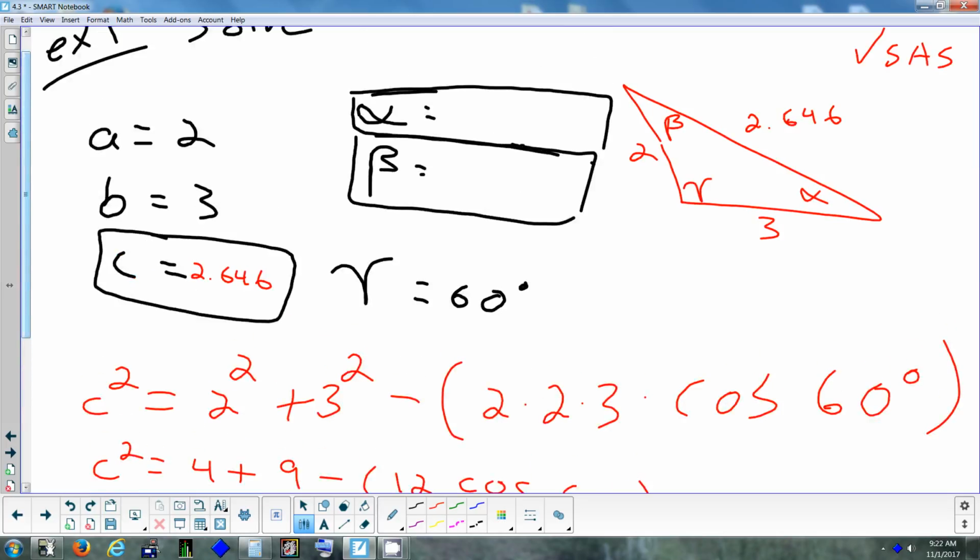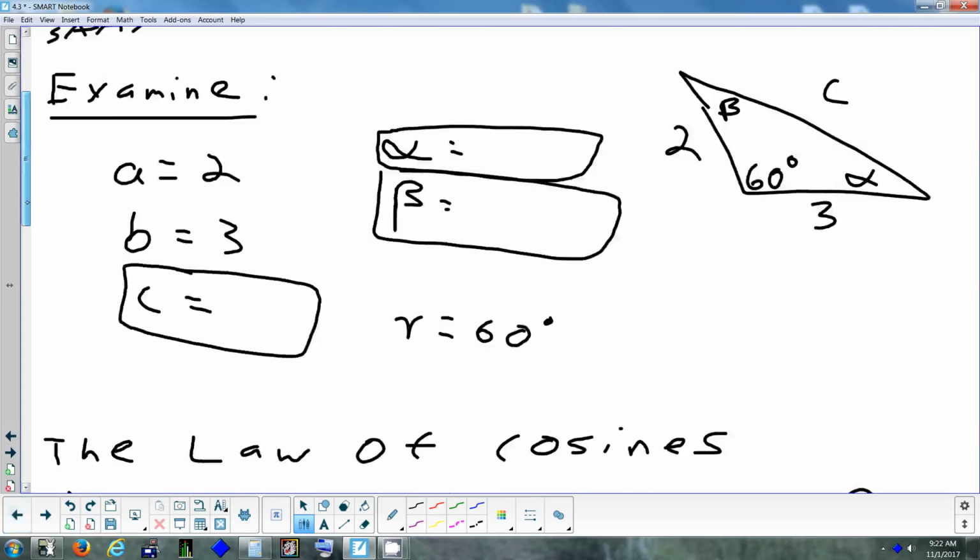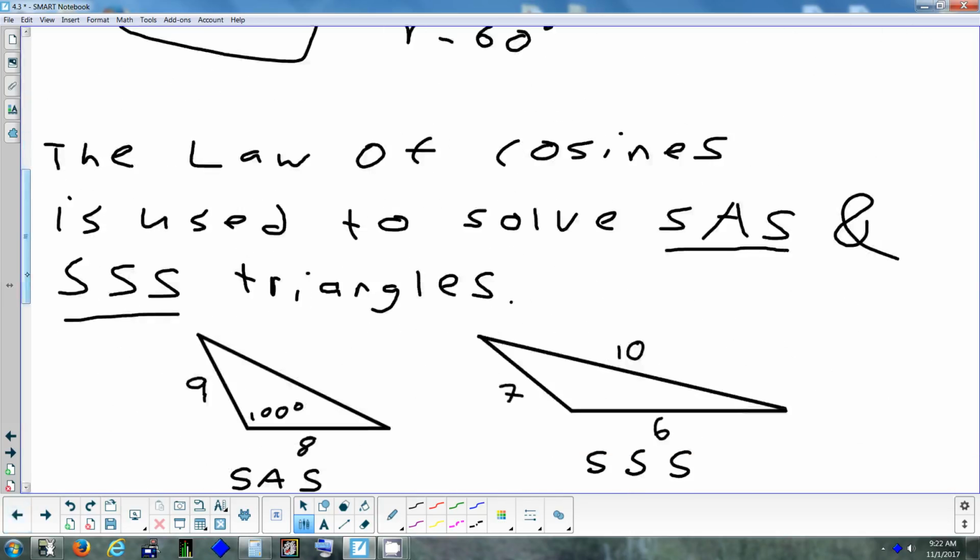So it started out as side angle side. Does anybody see what other type it is now? Yep. Side, side, side. Yep, it's side, side, side, because we know all the sides. And if we look at it as a side, side, side problem, that still falls under law of cosines.